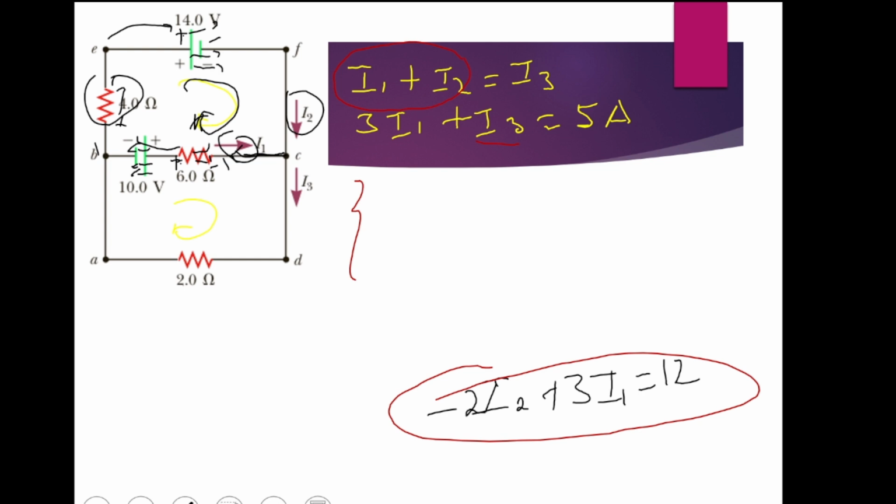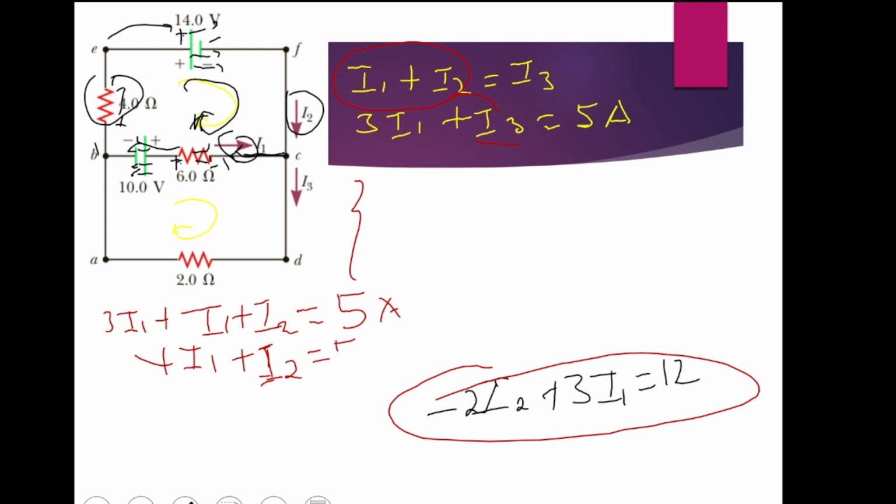So let's substitute and solve in terms of I2 and I1. 3I1 plus I3 means I1 plus I2. I substitute this one into this one, which means 4I1 plus I2 is going to be 5 ampere.